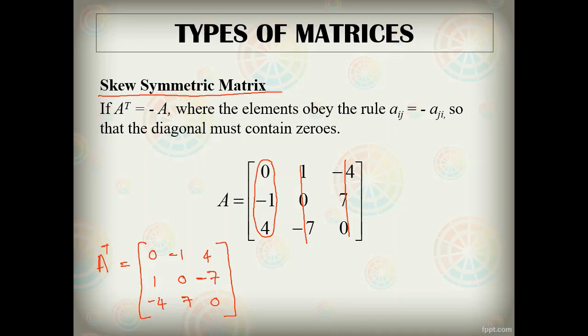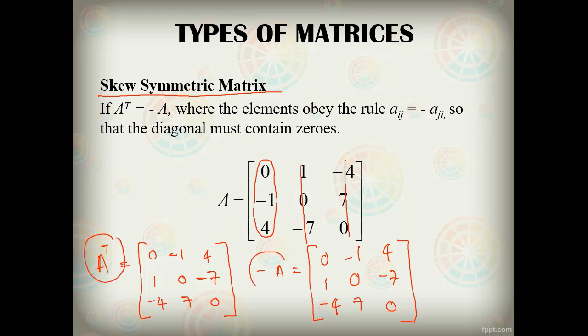Let us look at minus A. Minus matrix A, so you get 0. Minus minus is positive, so minus becomes positive, and positive becomes minus. Now let us compare each of the elements in A transpose and negative A.